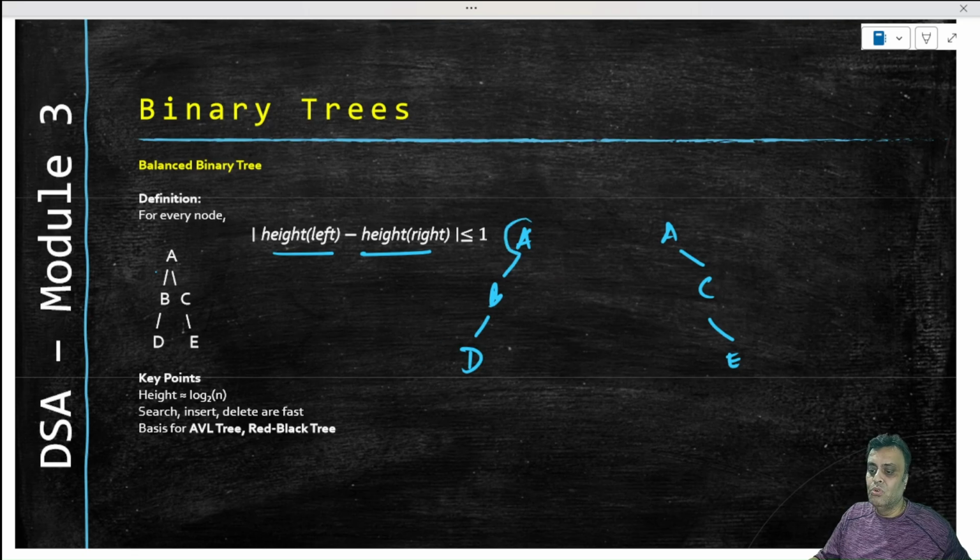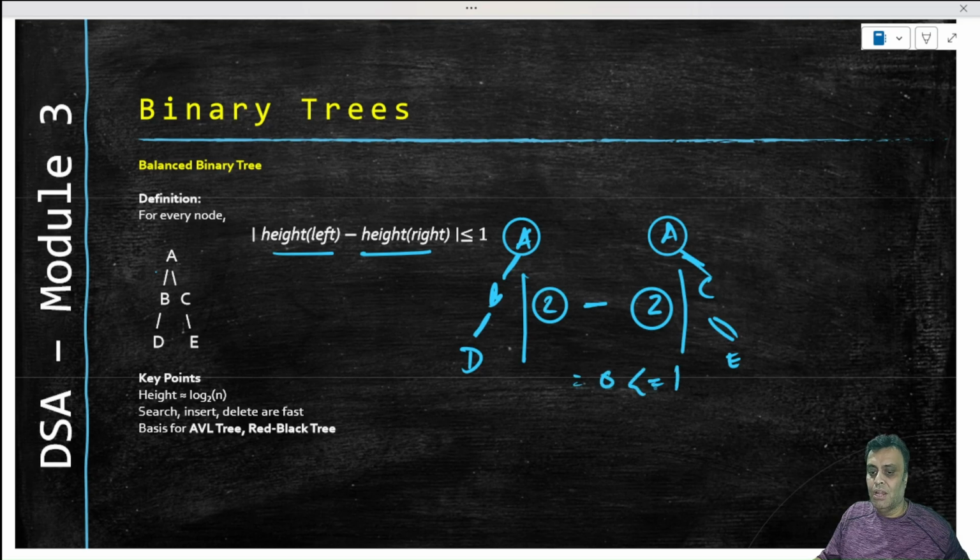The height of the root is the total number of edges. So this gives me a height of 2. The height of the right subtree is also 2, because the total number of edges is 2. So modulus of 2 minus 2 is equal to 0, and this is less than or equal to 1. Then we have a balanced binary tree. So this definitely is a balanced binary tree.